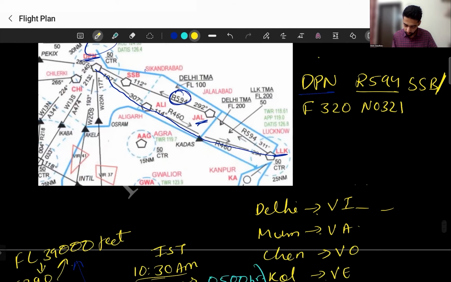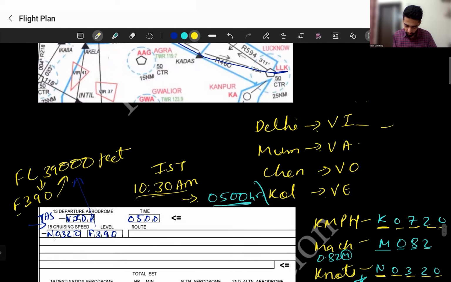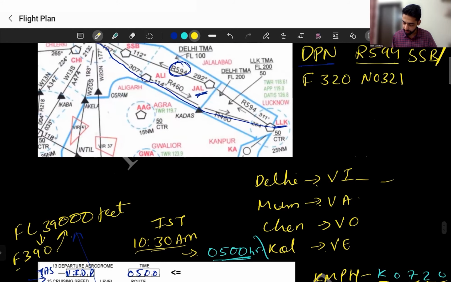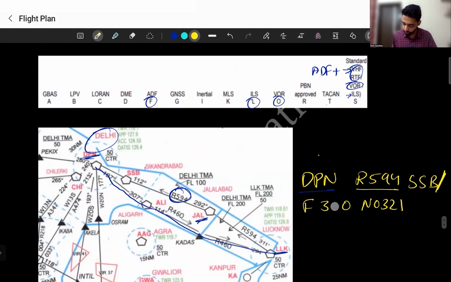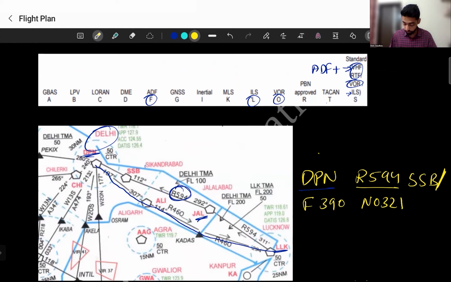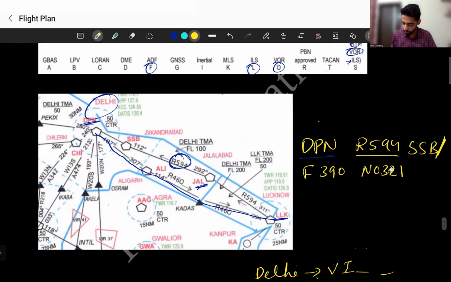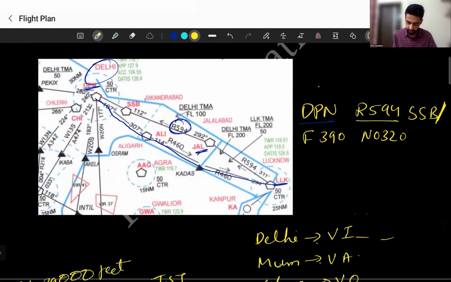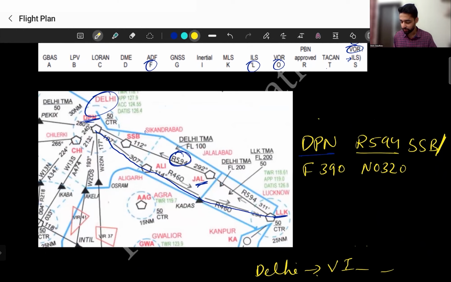Or whatever speed I have taken here, I will take that only. So this is 320 knots, and the flight level is 39,000 feet. So I can write here F, or Foxtrot, 390, and I can write 320. Whatever I've written here, I can write the same thing here. I've written this after SSB. Once I reach SSB, I will have this flight level and speed.